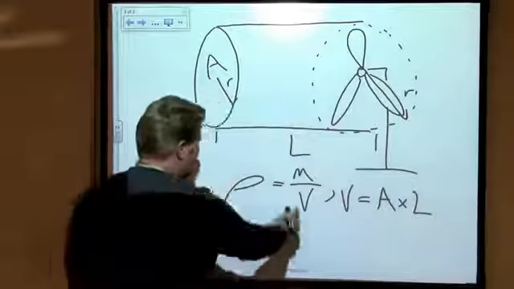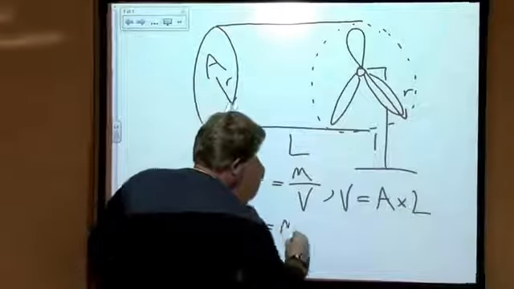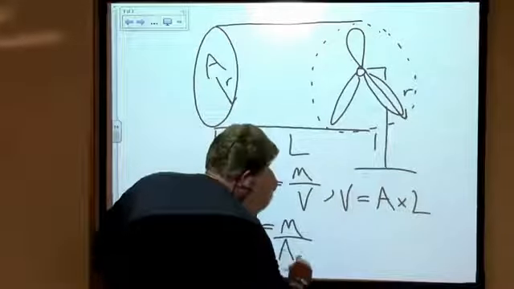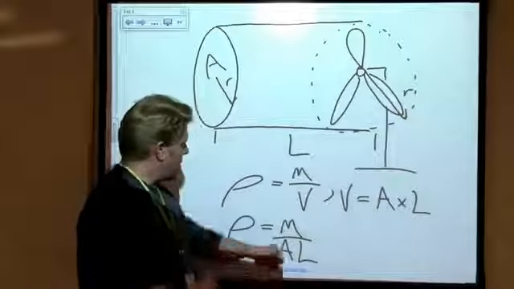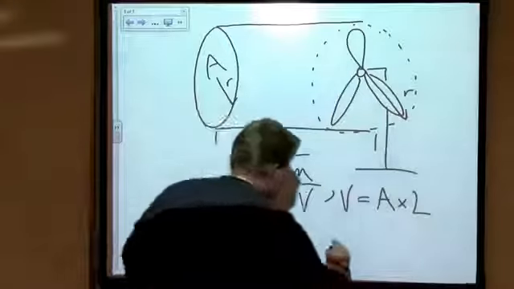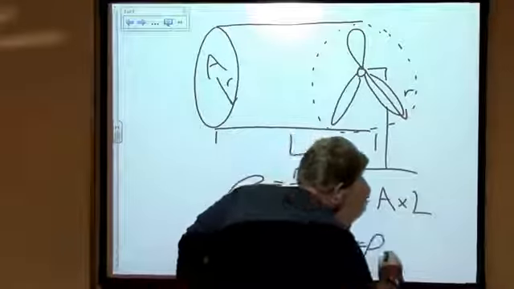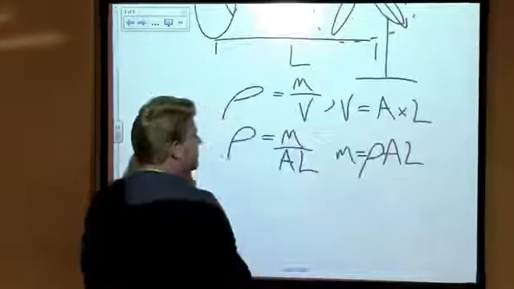So we can replace the volume for what the volume represents. What I want to do is rework this so that I have mass by itself. That's no problem. We can just say mass equals the density times the area times the length. That's not too bad, right?